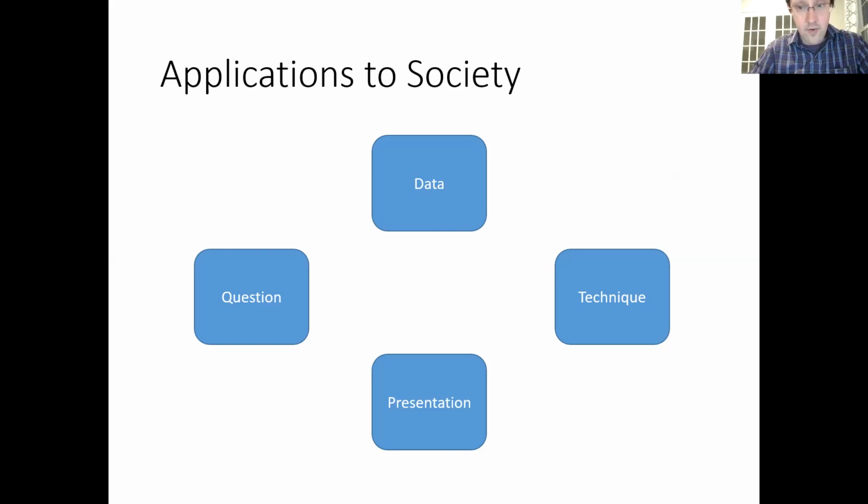The third approach here is the technique. So the choice of techniques is, in a sense, the most indirect way that society affects, because most of the time society really doesn't care whether you use an ANOVA versus a regression. But what technologies and techniques are available, have been developed.